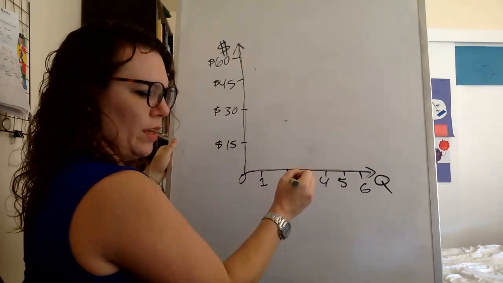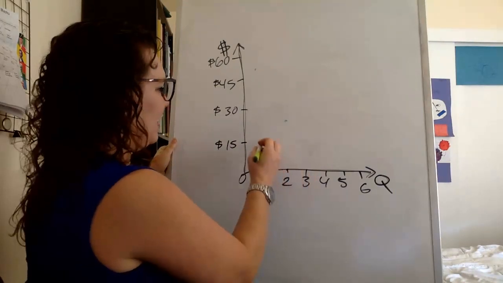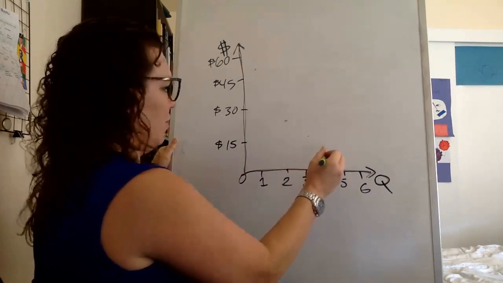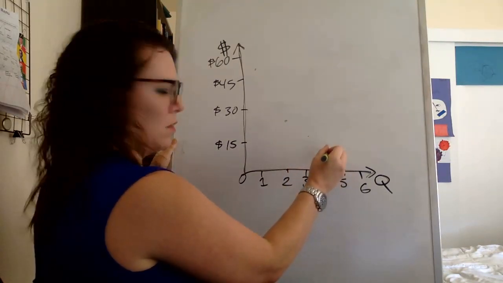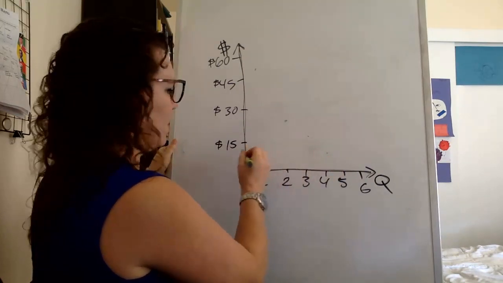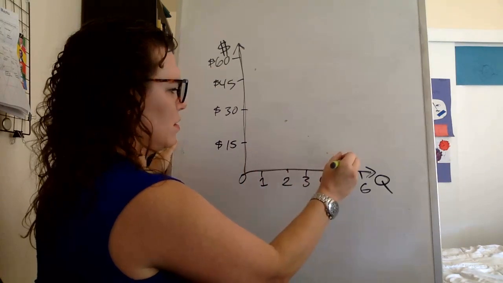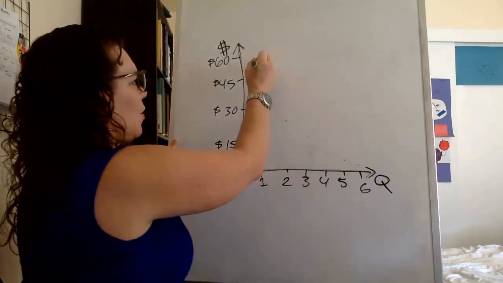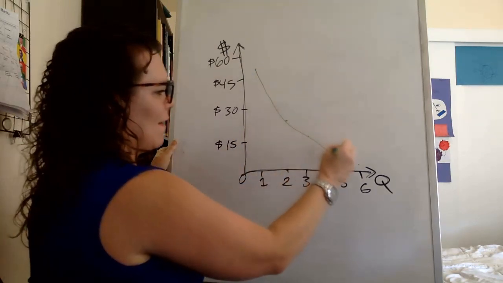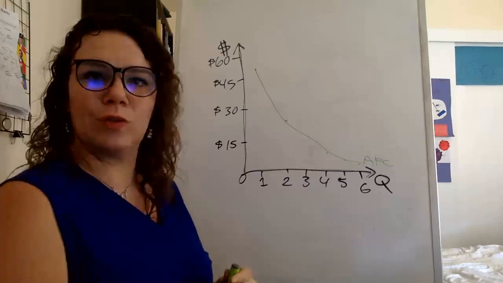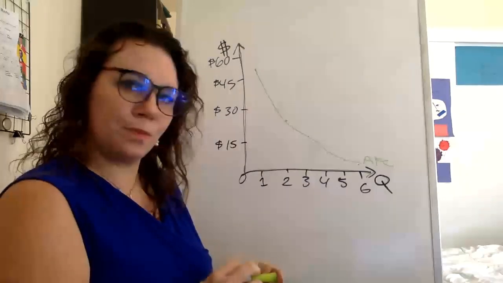And then it went down to $16.75, and then $12.50. And then average fixed cost at 5 was $10. And at 6, it was $8. So that's our average fixed cost curve. Cool?